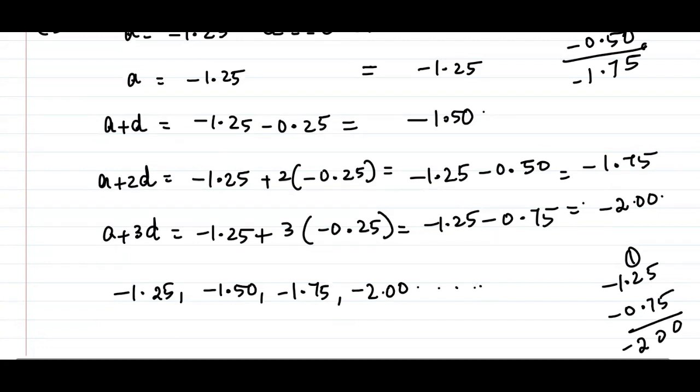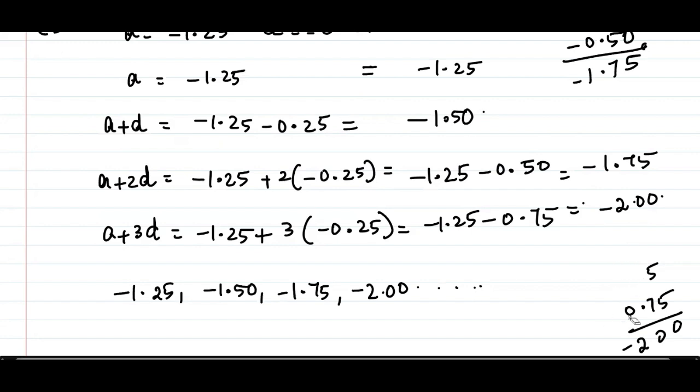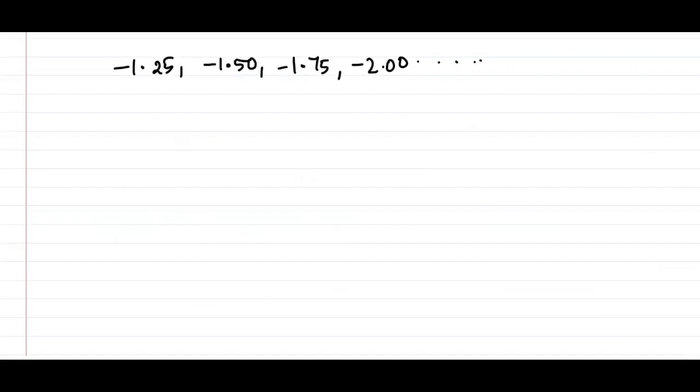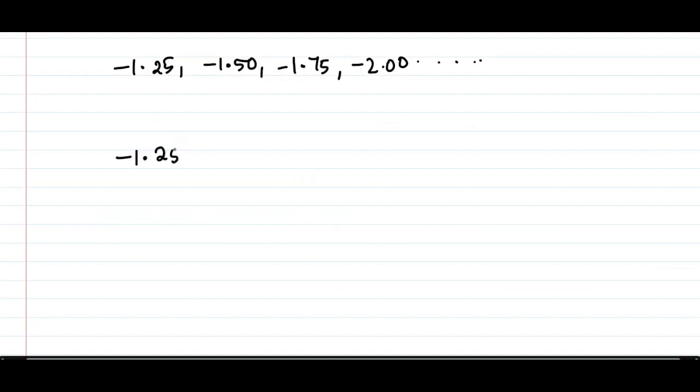Okay, fine, easy. Now we will do this one in the easy method also. So basically my starting point, what is the value of A here? A is minus 1.25, sorry. Then my D value is minus 0.25. So if I add minus 0.25, that will become minus 1.50. Again, to this one I'm going to add minus 0.25.